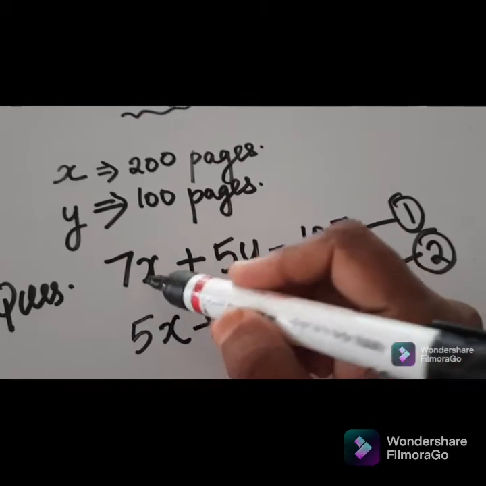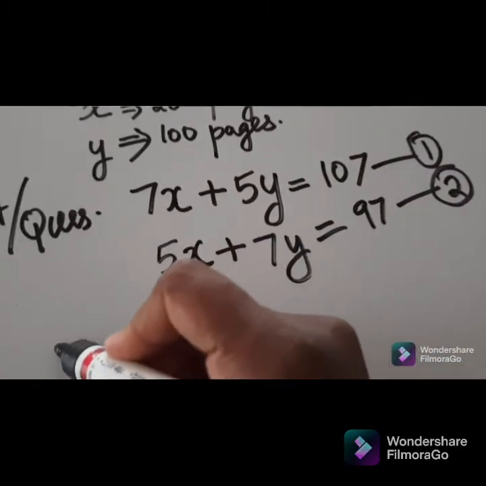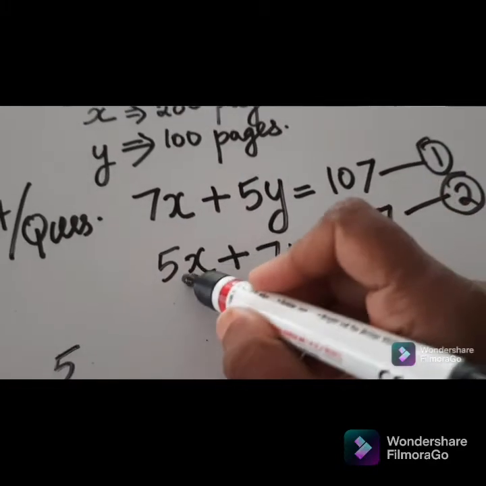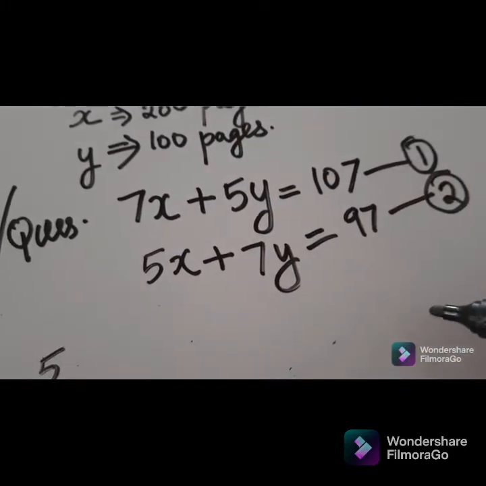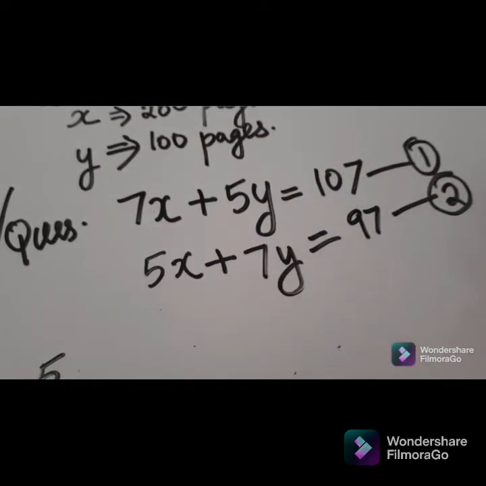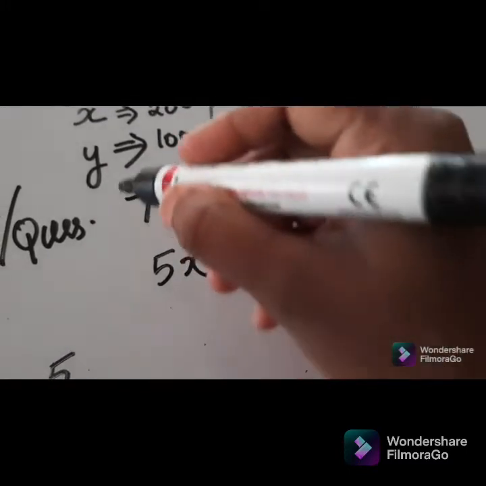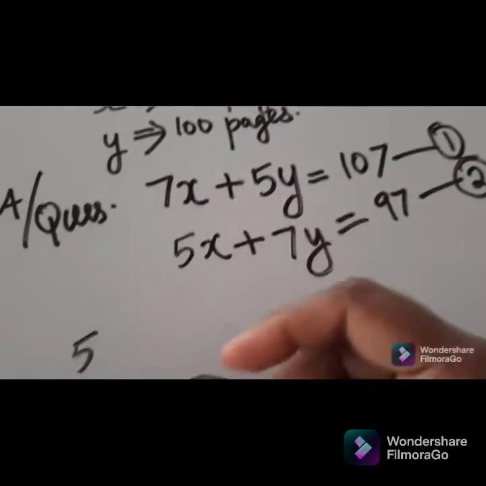Then we make this coefficient the same. Therefore we multiply the whole first equation by 5, and the whole second equation by 7, so you will get the same coefficient of X.